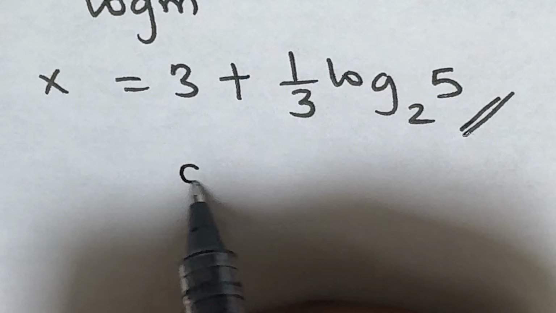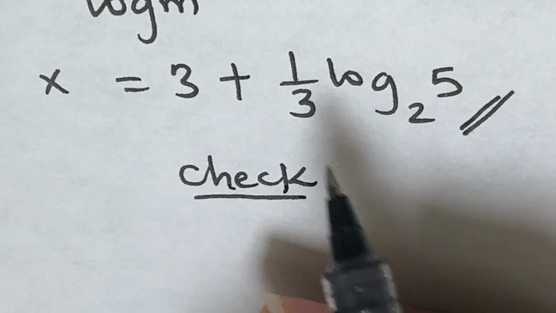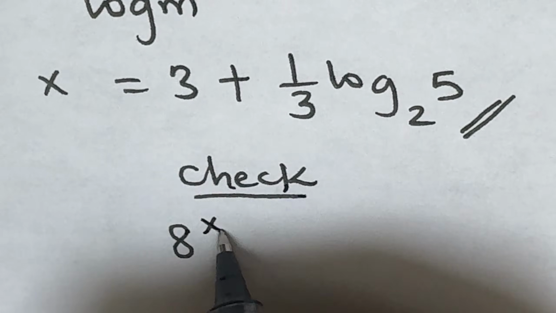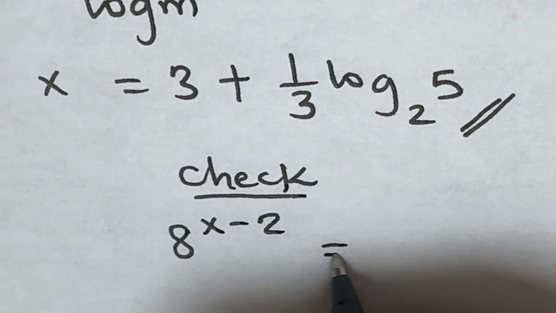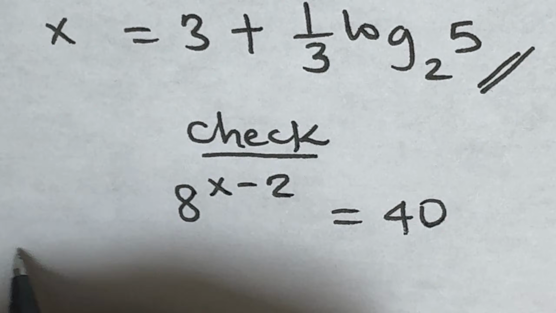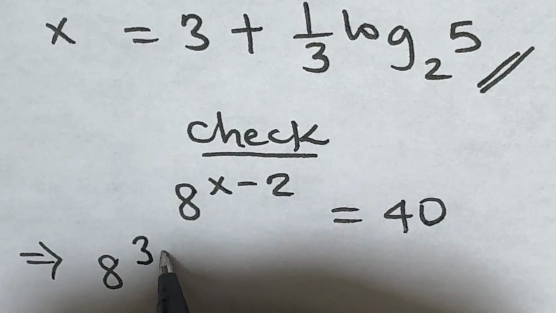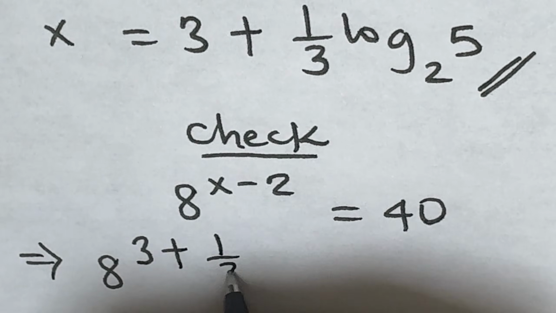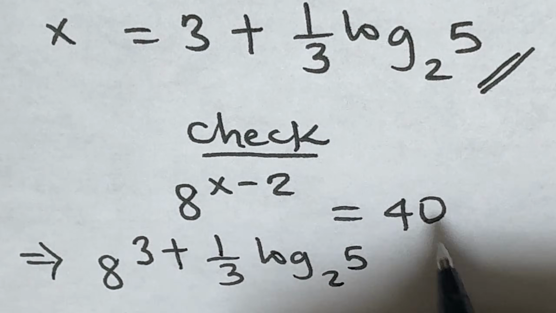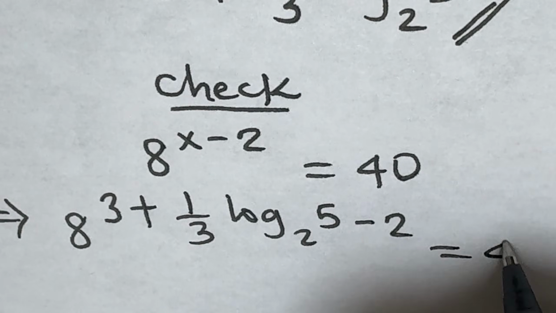Now we quickly check to confirm that that is correct by substituting this value into the given equation, 8 raised to power x minus 2 is equal to 40. This will imply 8 raised to power 3 plus 1 over 3 log 5 base 2 minus 2 to give us 40.